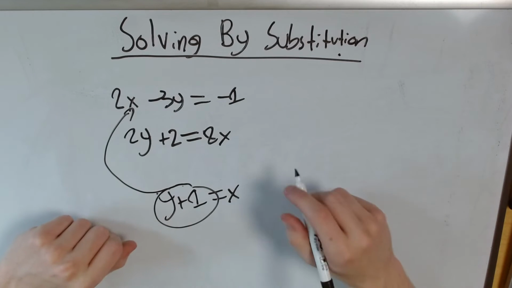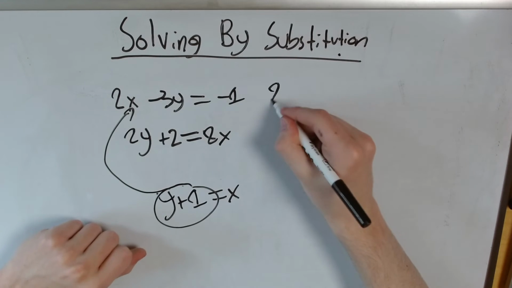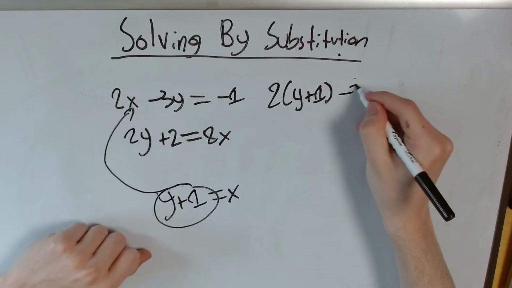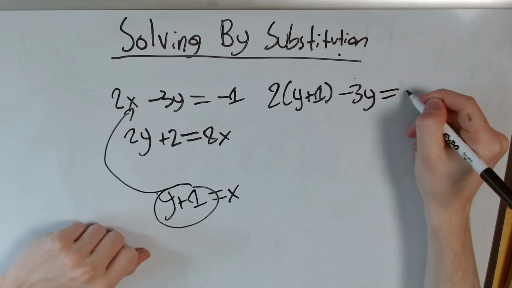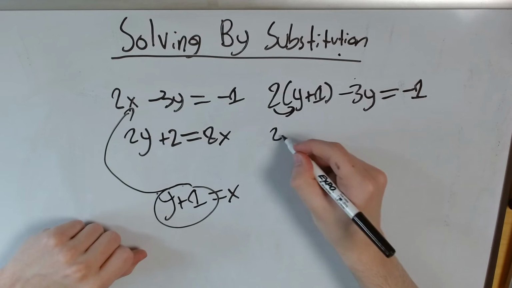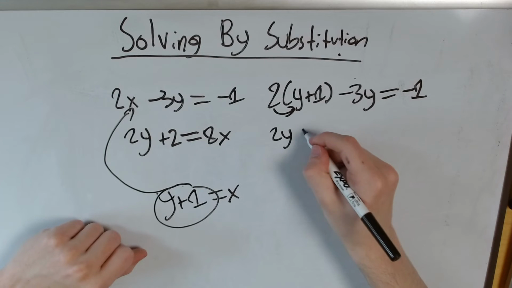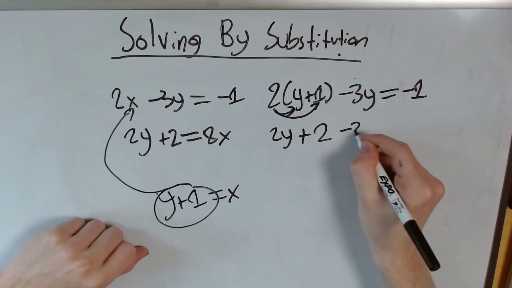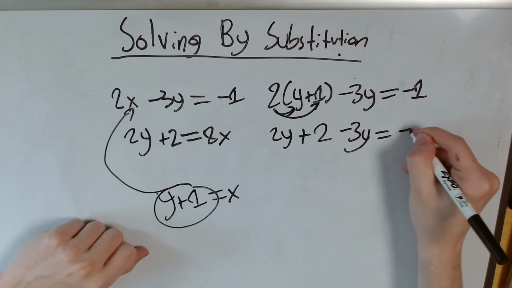That is really, really good, and I'm going to do that. So I have 2 times y plus 1 minus 3y equals negative 1. I'm going to distribute out. So 2y, bring down the plus sign, plus 2 times 1, which is 2, minus 3y equals negative 1.